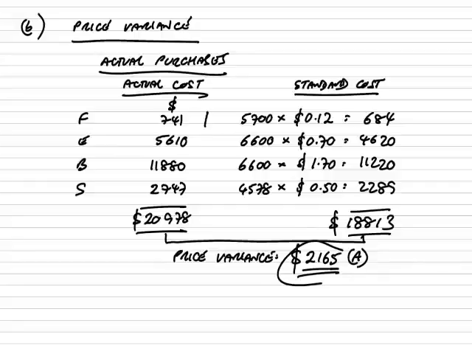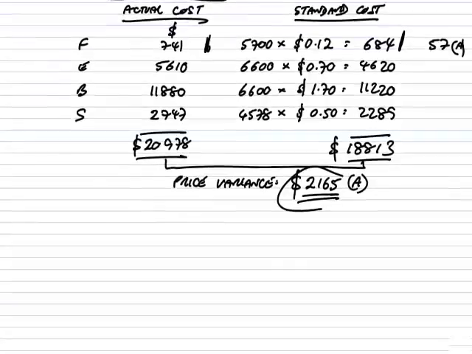Flour, for instance, we spent 741 as against 684. The variance for flour is 57. Well, I'm not going to do them all. It wasn't asked for. Here, it would be wasting time. All right, well, that's price.